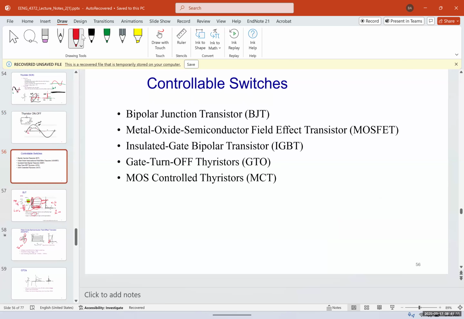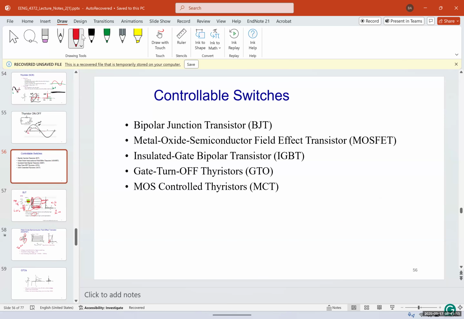Now, the thing that we are interested in, and that like 90% of the current converters work with, are controllable switches. They are made out of transistors. They could be made out of different types of transistors, depending on the application that we want to use them for. It could be the bipolar junction transistor, which was the first generation.